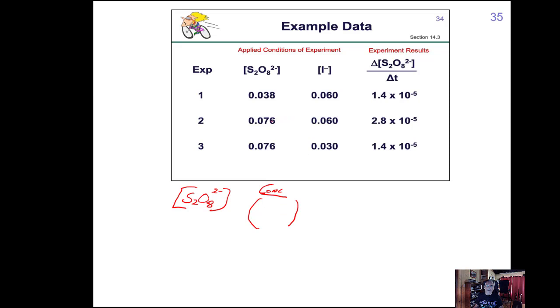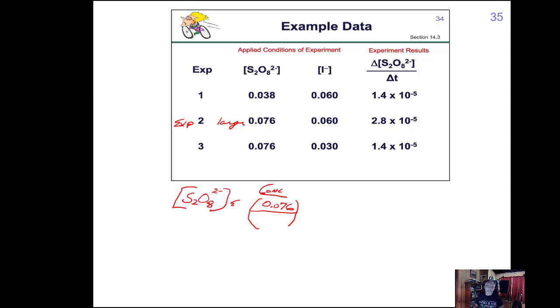And what you want to notice is that experiment 2 has the larger concentration, 0.076. And if you put the larger concentration in the numerator, that makes your life easier because you won't get a decimal. You'll be able to do this by inspection.